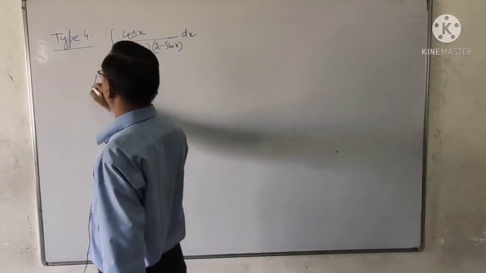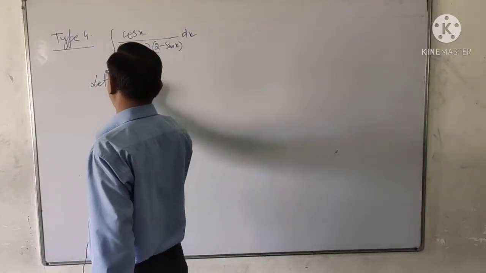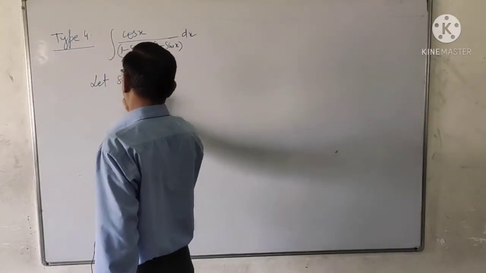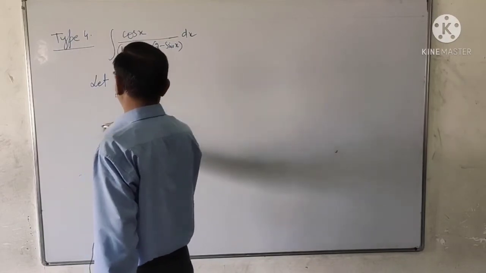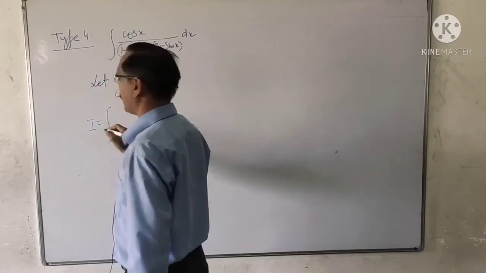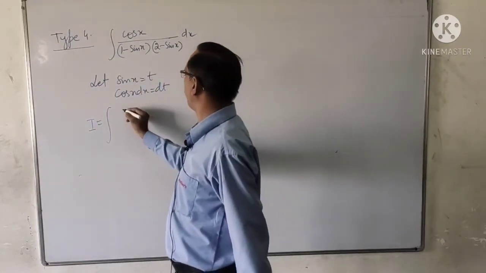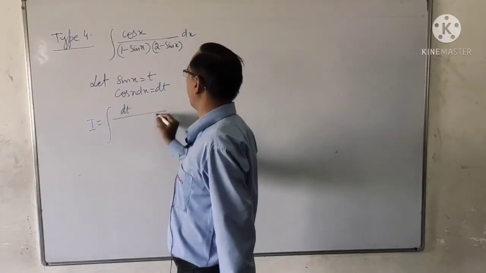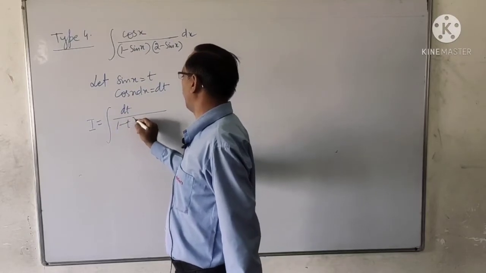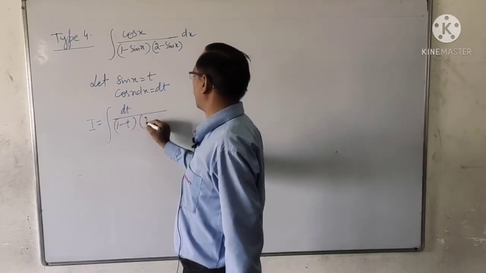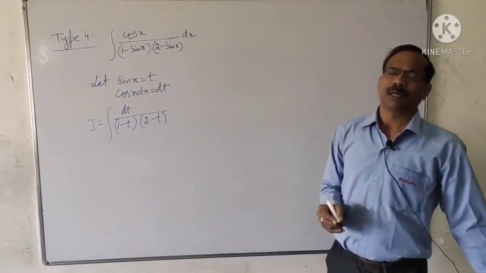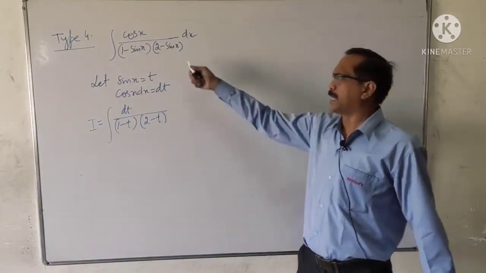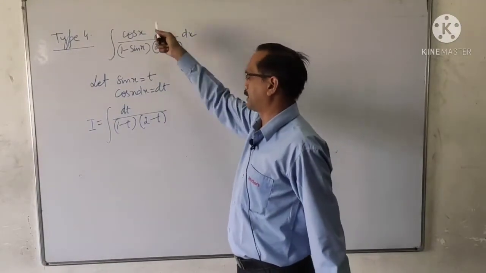So we will suppose let sin x equal to t. Then cos x dx equal to dt. So integration I becomes integration dt upon (1 minus t) into (2 minus t), because the derivative of sin x is given here, which is cos x.